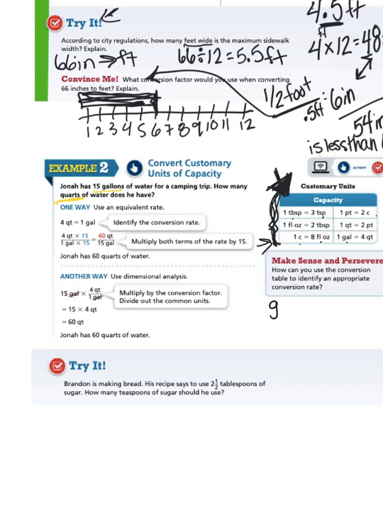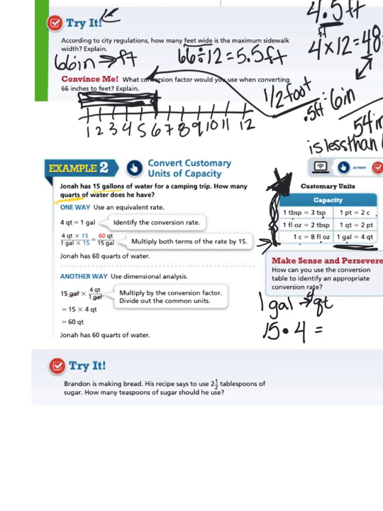Well, yes, we are talking about gallons and we want to take it to quarts. Well, it just so happens that 1 gallon equals 4 quarts. So if we have 15 gallons, if we multiply that by 4, because there is 4 quarts to 1 gallon, we will come up with our answer.